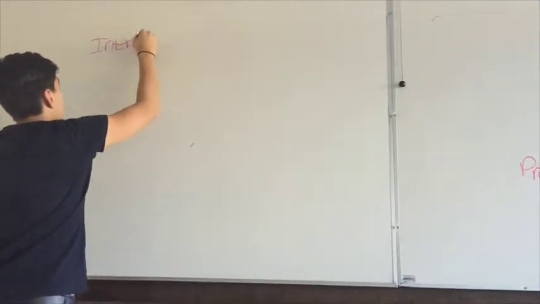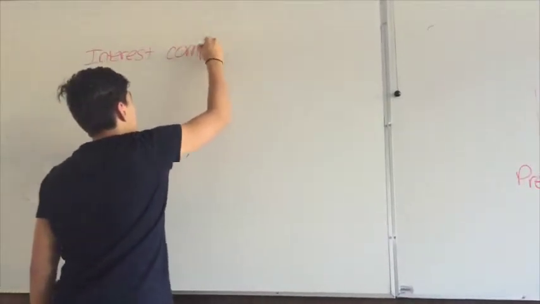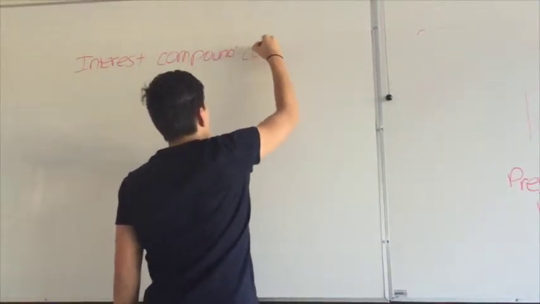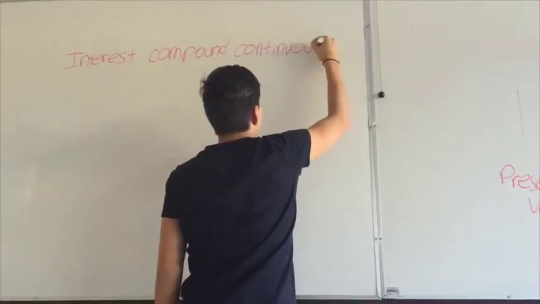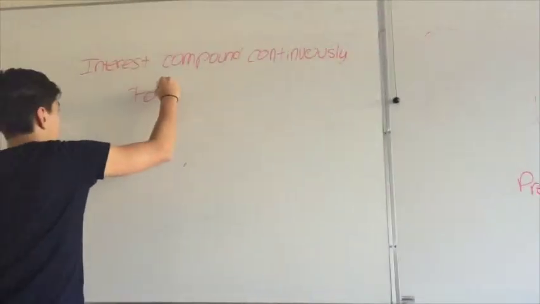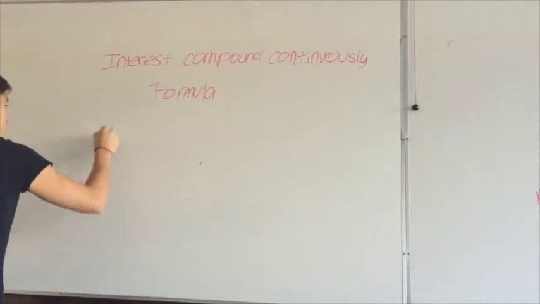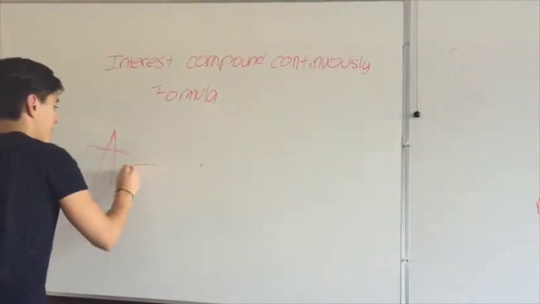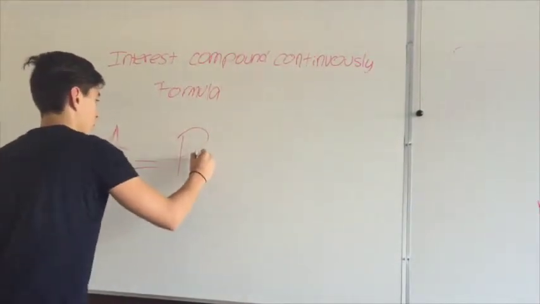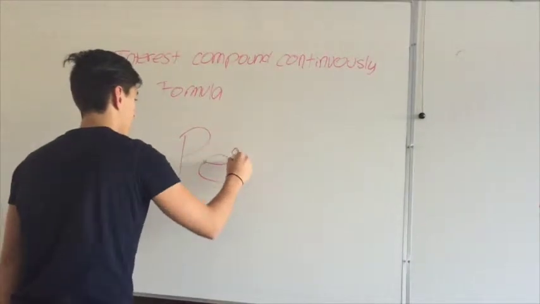The formula for interest compounded continuously is the following. A equals P e raised to rt.